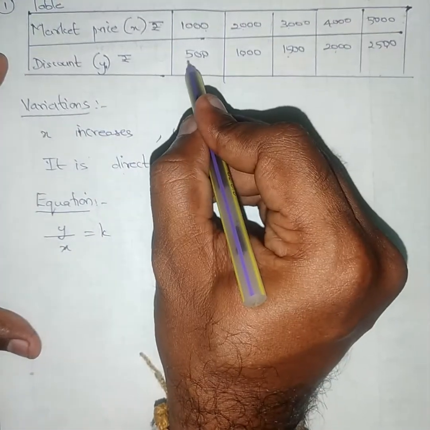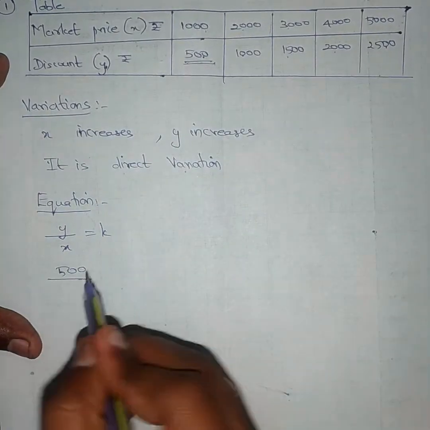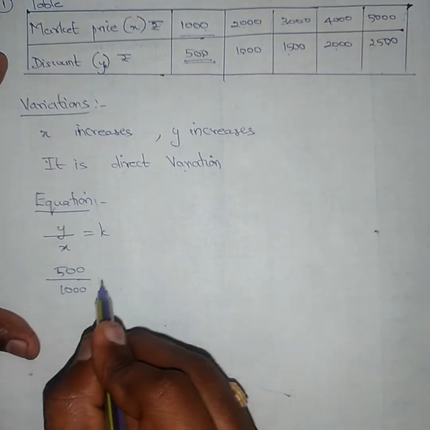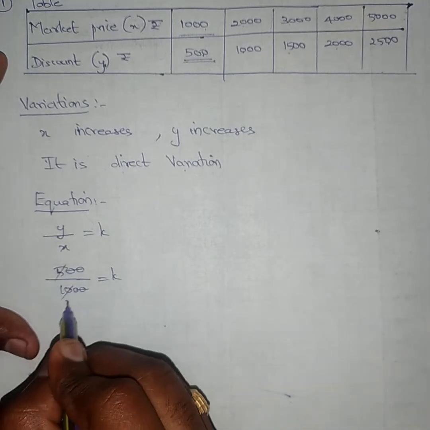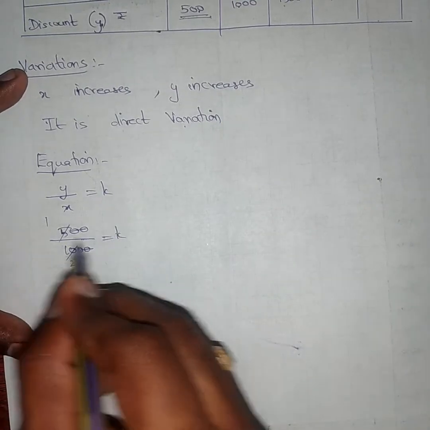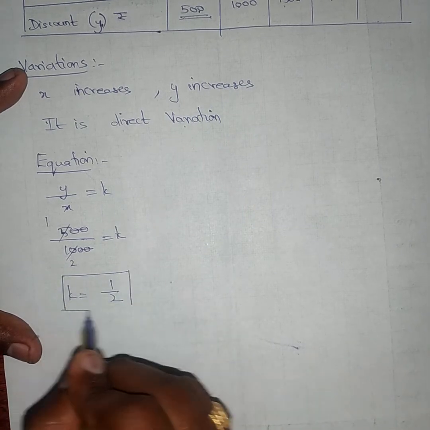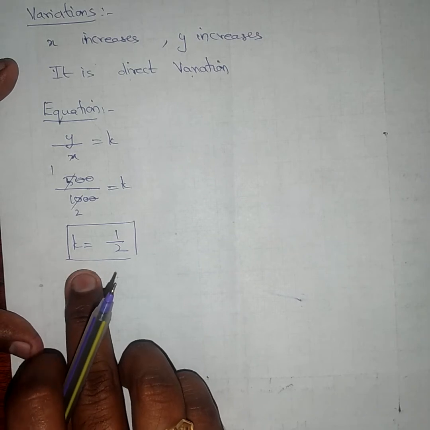Take this y alone: y is 500 and x is 1,000, so 500 by 1,000 is equal to k. Two zeros cancel, and 5 and 10 cancel 5 times, so k is equal to 1 by 2. This k is called the proportionality constant.